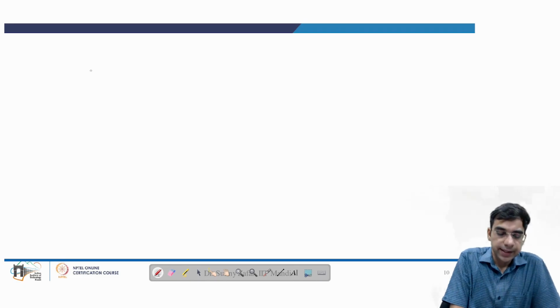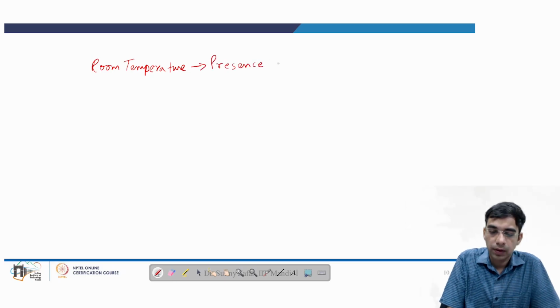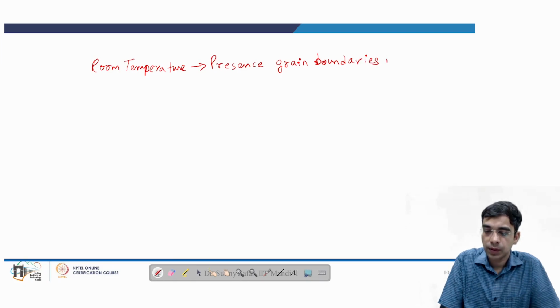So we can summarize here that at room temperature, presence of grain boundaries is helpful to impede dislocation movement.